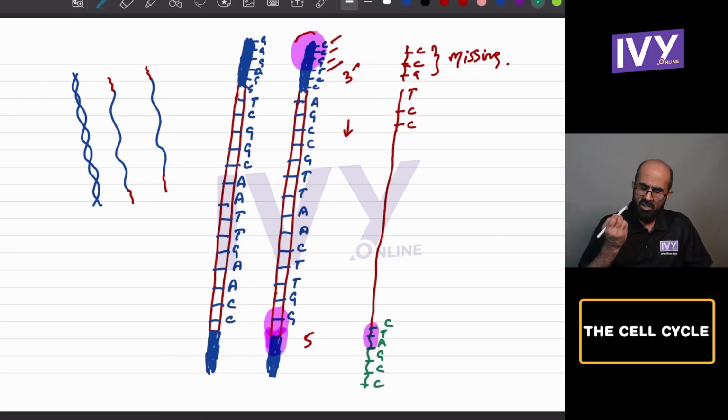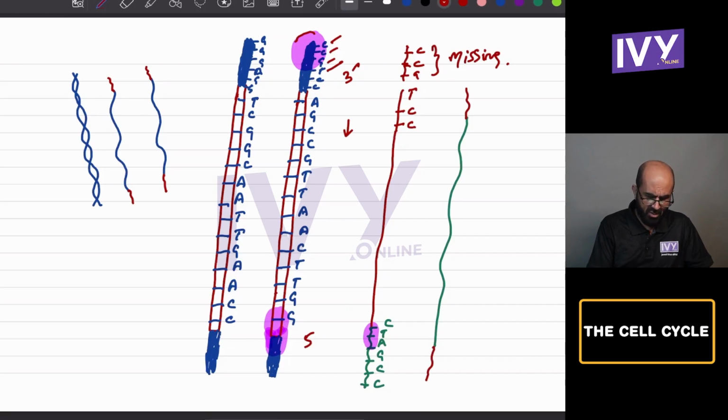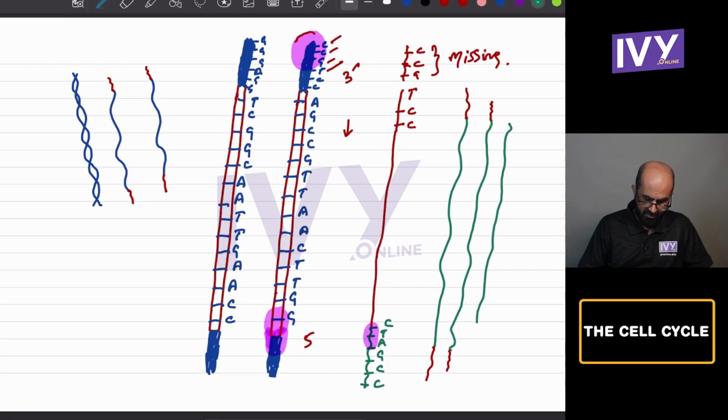So I'm just giving you an example. If this is one of the DNA molecules and it has the telomere, this is the telomere. Once this DNA strand is copied in the next cycle, the functional part will be copied entirely, but some of the telomere part will be missing. That's why, if the same cell is divided again in the next cycle, again the functional part will be equal.